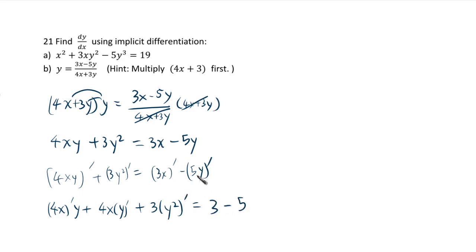And 5, and then y prime is what? y prime is not 1. y is a function of x, so if you differentiate y by x, you get y prime. See, this prime here is d dx. You're differentiating by x. So if you have y and you're differentiating by x, it's still a y prime. It's a derivative. You don't get 1. Okay.